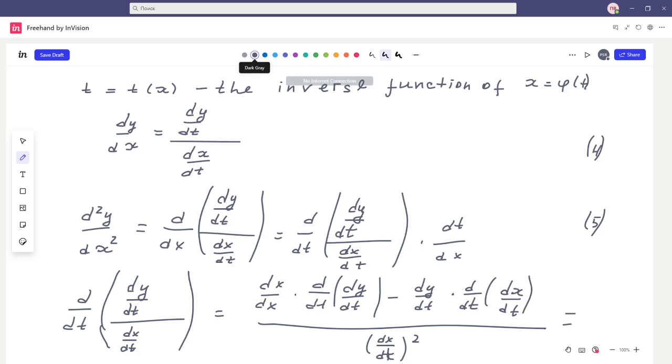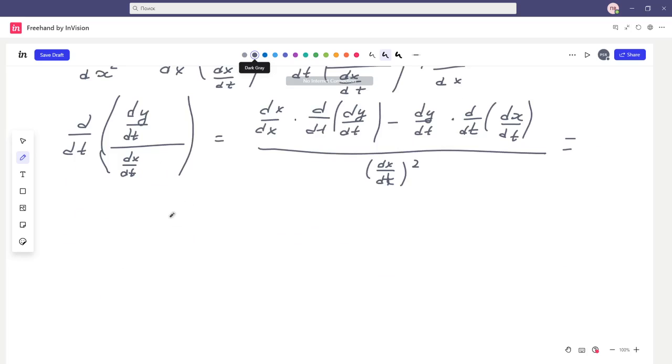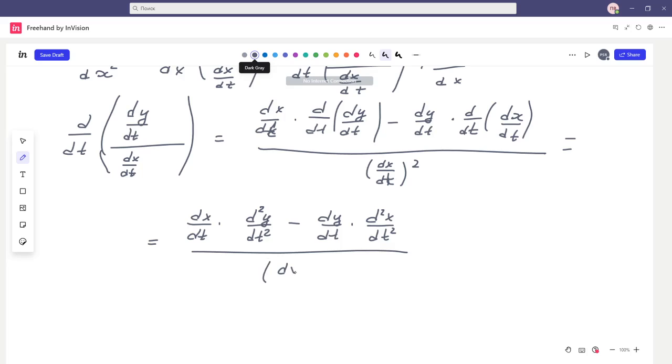Or dx over dt times d double y over dt double minus dy over dt times d double x over dt double over dx over dt squared.